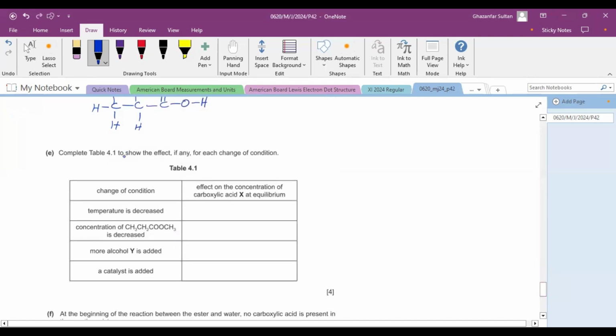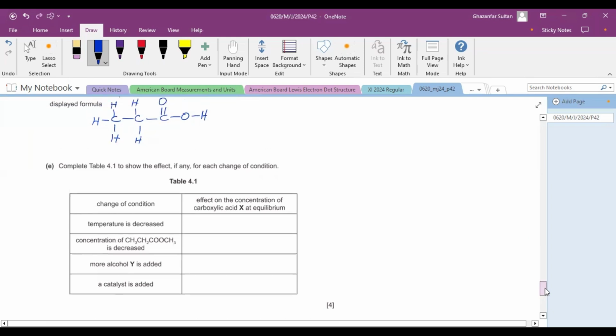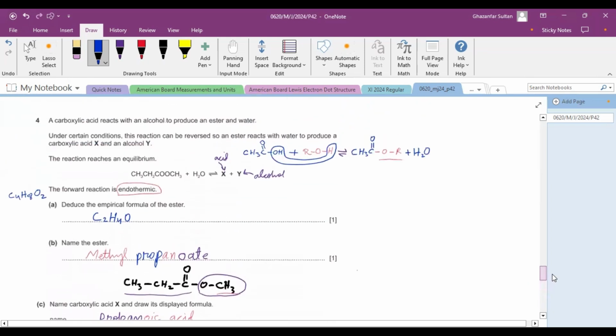Now, complete table 4.1 to show the effect, if any, for each change of condition. So we can see here this reaction is reversible. Remember that esterification reaction is a reversible reaction.